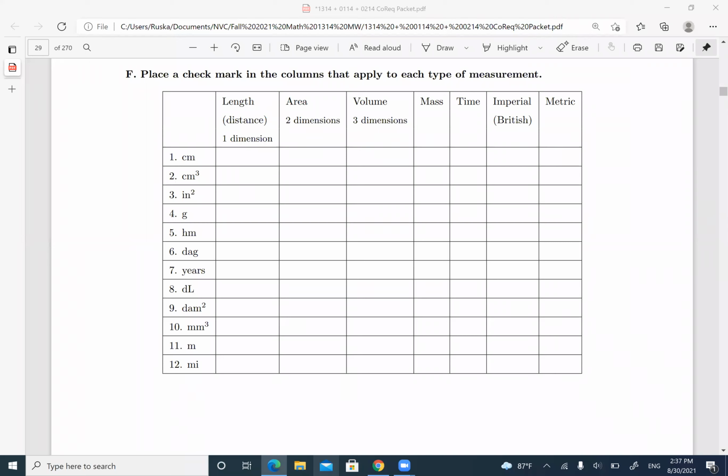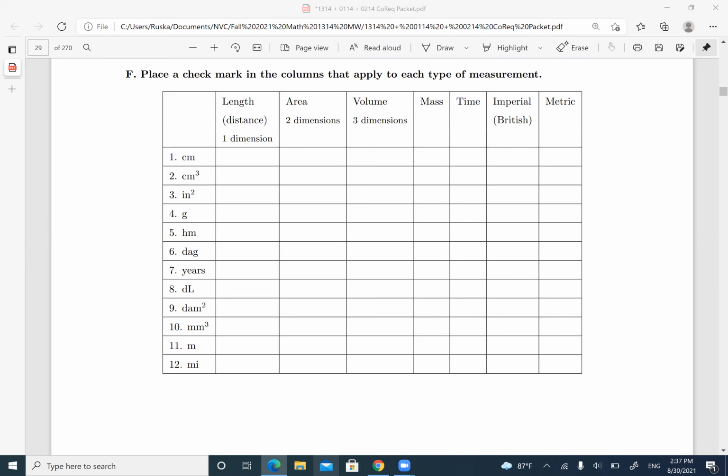And the units we're using here, like inches and miles, okay? So these are the British, the imperial units.